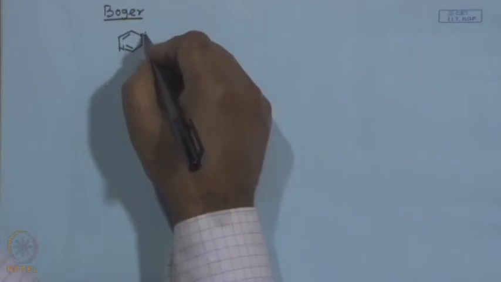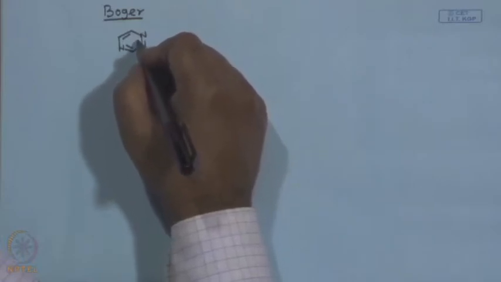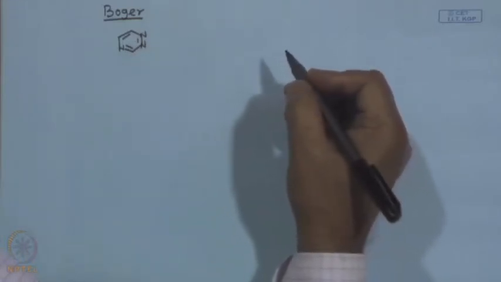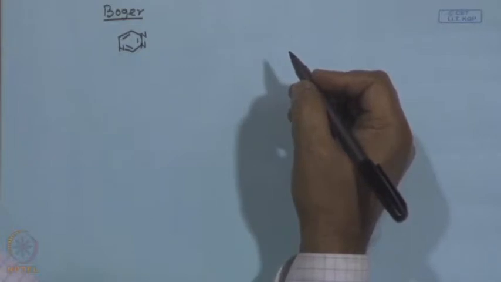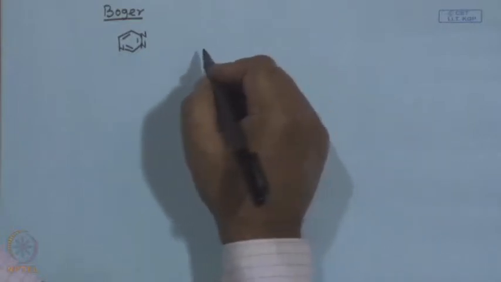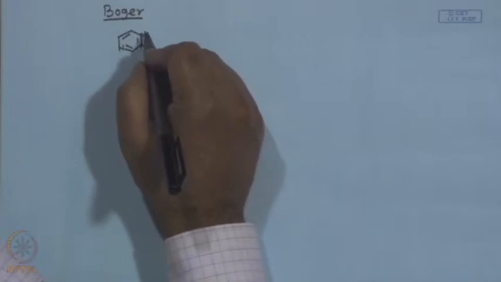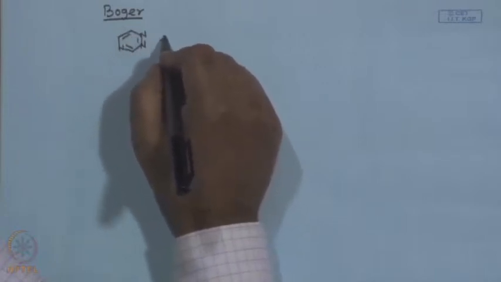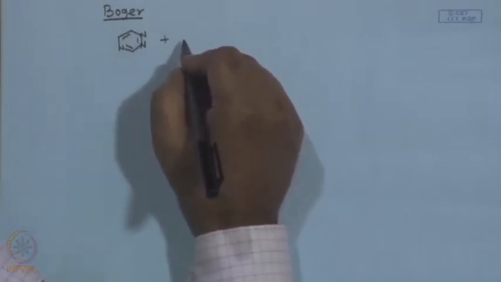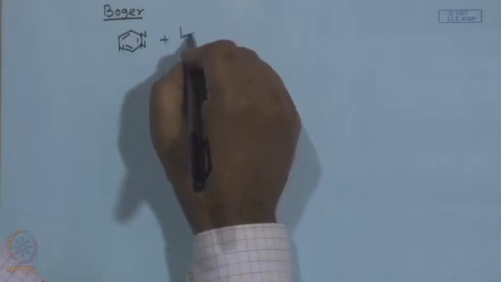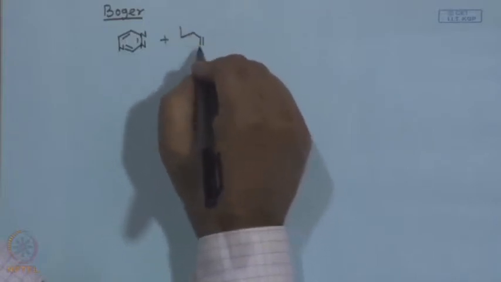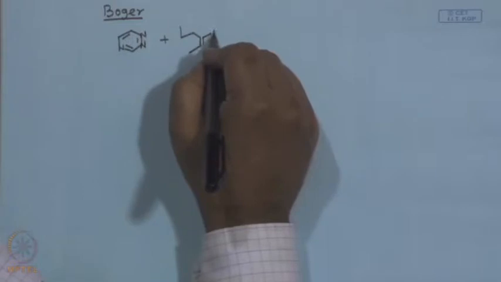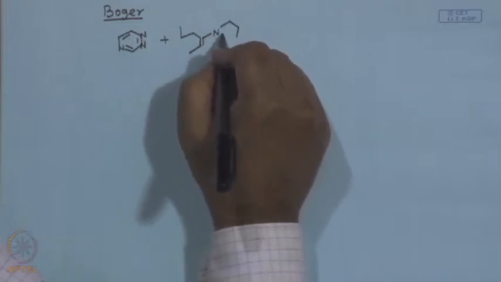And what he did, he put as many as 3 nitrogens in the ring system, that means triazine. So, if this is an electron deficient diene, then you have to have an electron rich alkene, and the electron rich alkene could be, I mean, it is a propyl chain here, and this was one of the earliest examples.